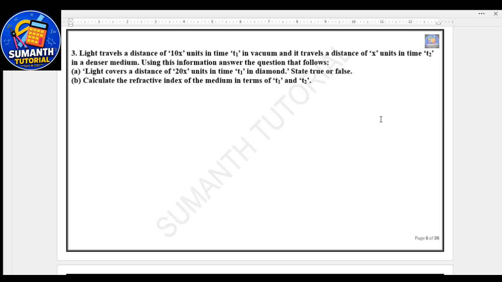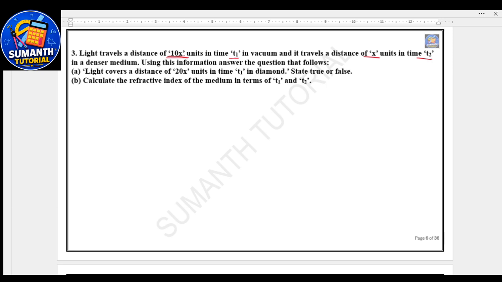Light travels a distance of 10x units in time t1 in vacuum. It travels a distance of x units in time t2. See, remember what they had given. It is traveling with the speed of 10x at the time t1 and x at the time t2.